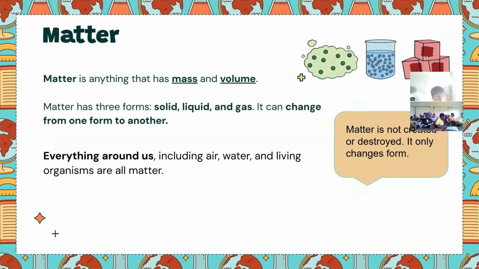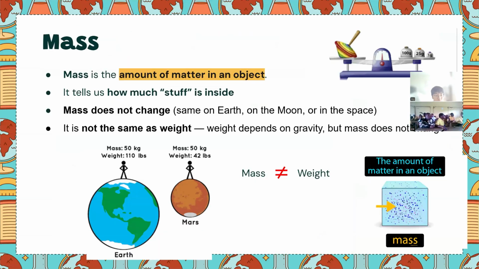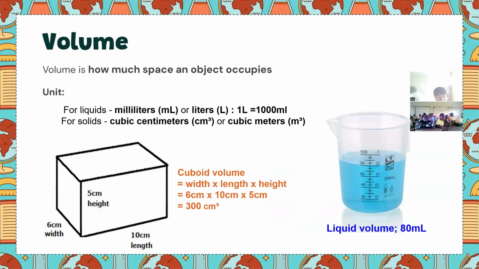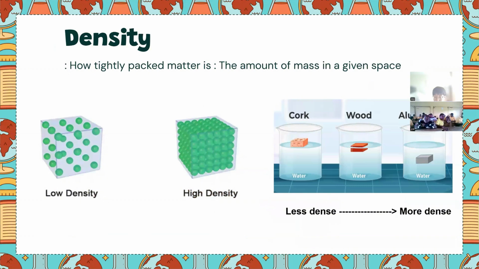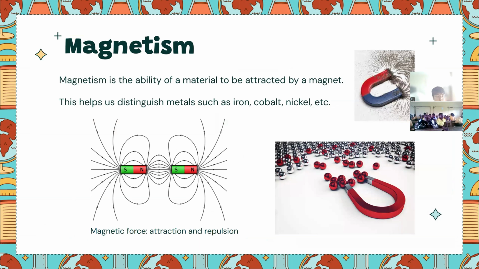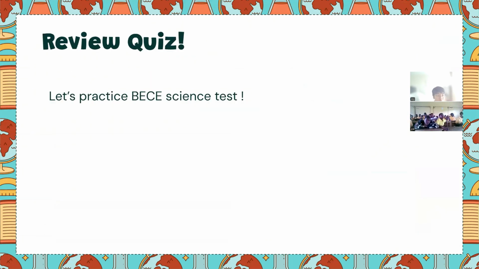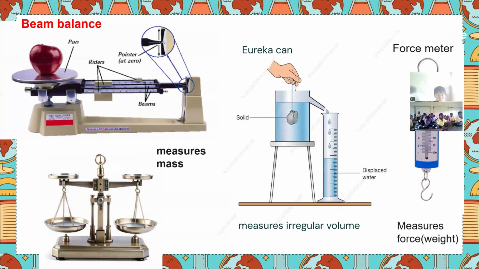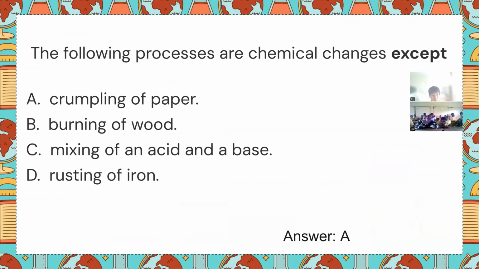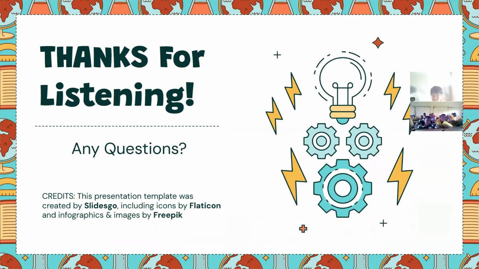We looked at matter, some properties, mass, volume, and density, how to find the density, magnetism, and solubility. Then we moved on to physical and chemical changes, and then we looked at some questions. So out of these, do any of you have a question for today?